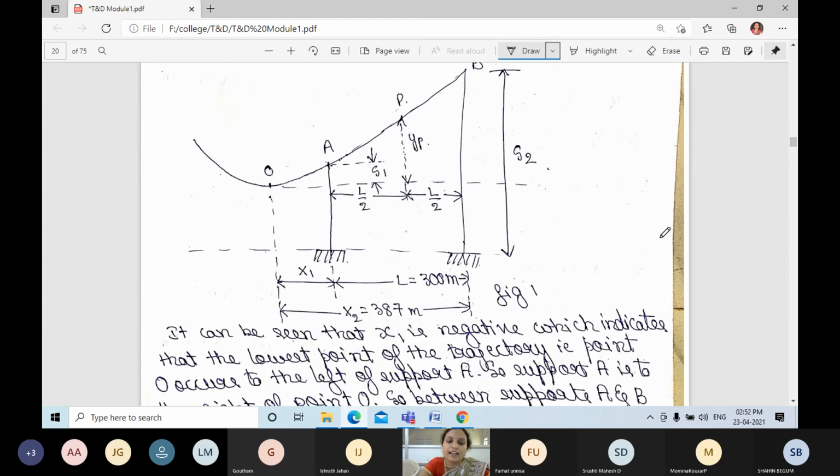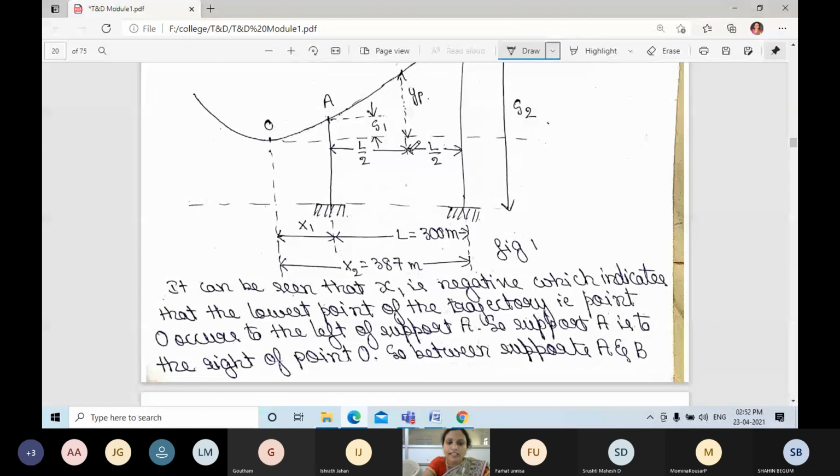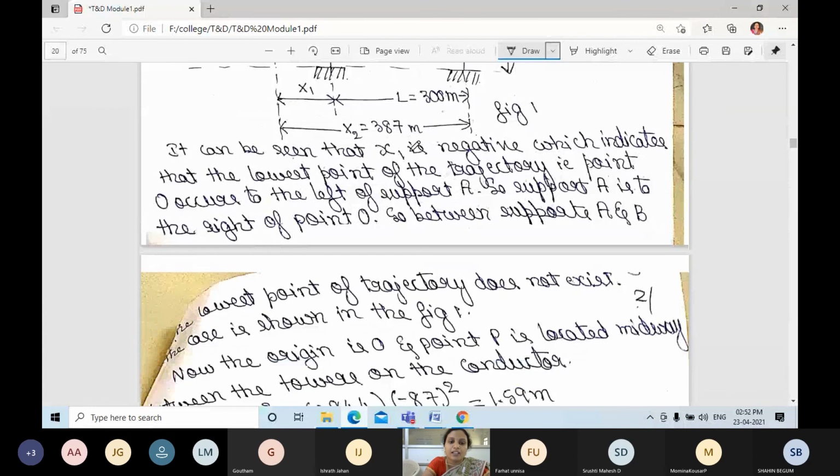It can be seen that X1 is negative, which indicates that the lowest point of the trajectory, that is point O, occurs to the left of support A. So point O is not in the midspan, it is to the left of that. Support A is to the right of point O. So between support A and B, the lowest point on the trajectory does not exist.